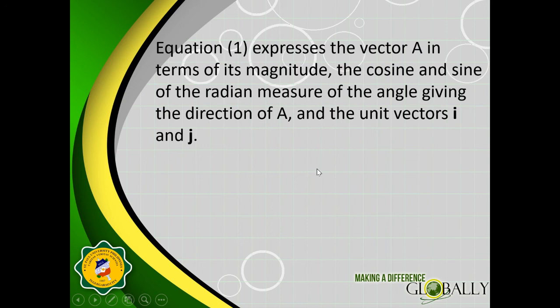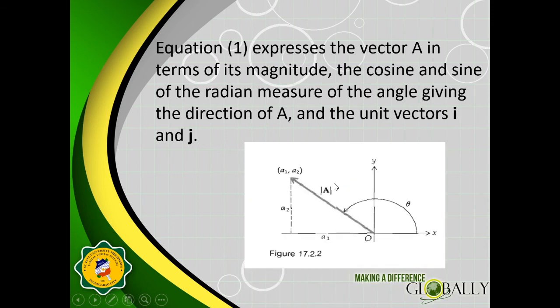Equation 1 expresses the vector A in terms of its magnitude, the cosine and sine of the radian measure of the angle giving the direction of A, and the unit vectors i and j.